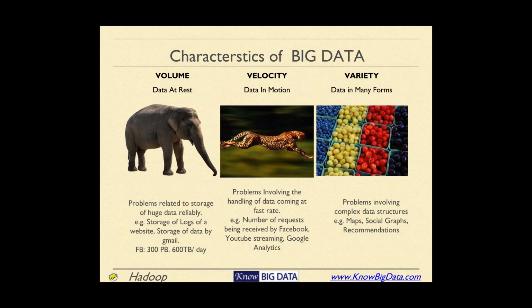The variety of data and the variety of problems that you're trying to solve. So all three things combined together. One is the huge data that needs to be accumulated. Second is the pace at which the data is coming and you want to process it. Third is the variety of problems and variety of data. Either of these three characteristics could force you to move to big data solutions.